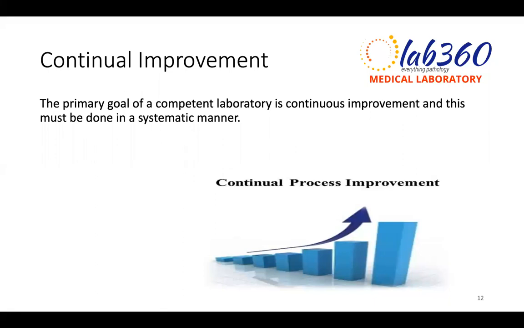And this comes in the form of training and retraining of our staff, enrollment in external quality assurance programs, and running quality controls on a daily basis. It also cuts across receiving feedback from our clients and adjusting accordingly, and having regular meetings just to know where we are, what we need to do to get to where we need to get to, and to ensure that our customers are satisfied.